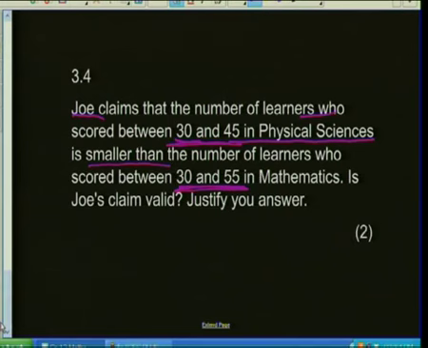He claims that the number who scored 30 to 45% in physical science is smaller than the number who scored between 30 and 55 in science. Let's see.